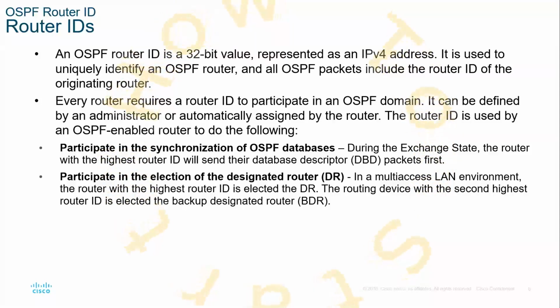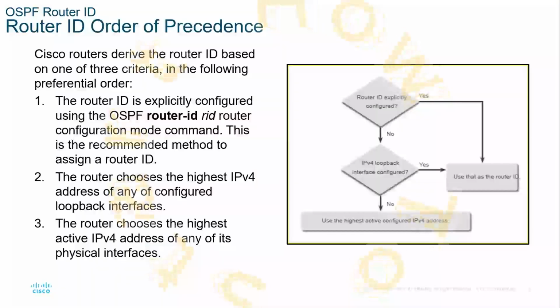So if we want to designate which router will become the primary or the designated router, we would set a higher router ID on that device. That allows us to dictate what device will get the designated router process.